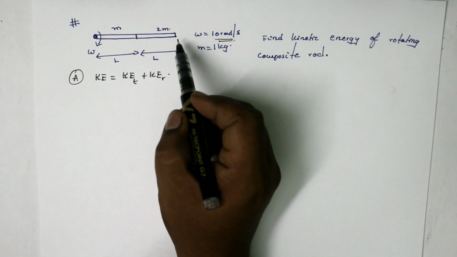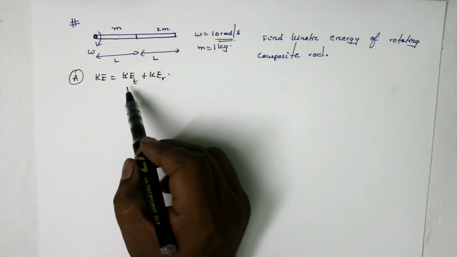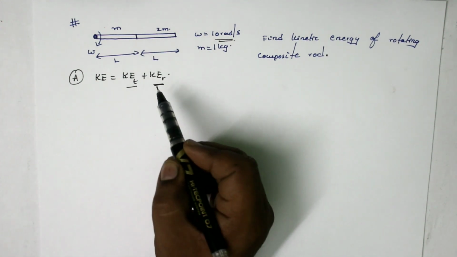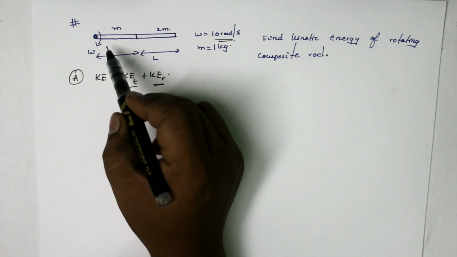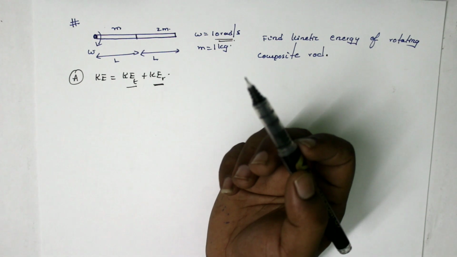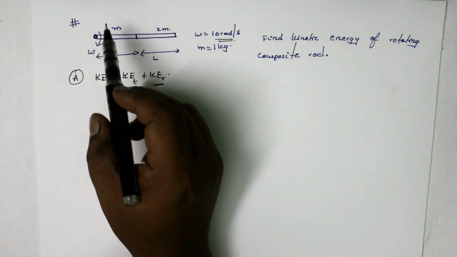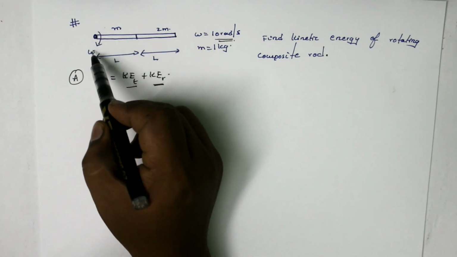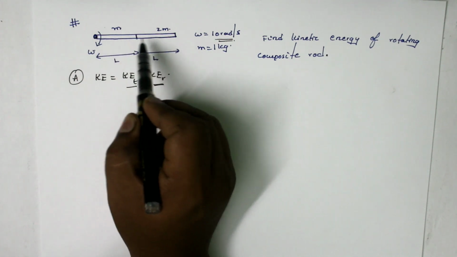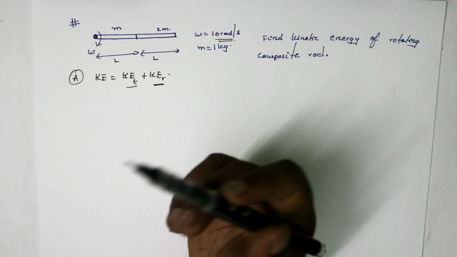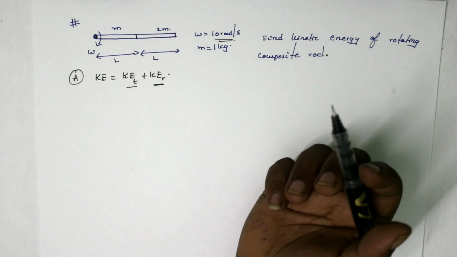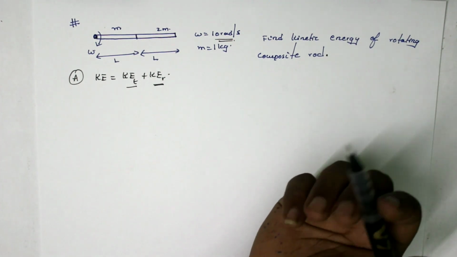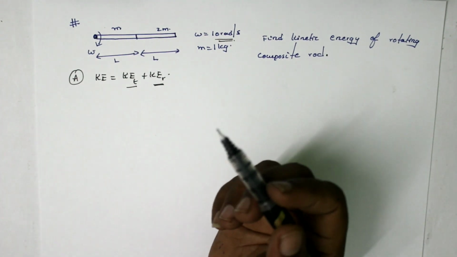So if I want to find the total kinetic energy, the sum of translational as well as rotational, then I will take the axis as the original axis of rotation instead of taking the axis around the center of mass. If I take the axis here, which is the actual axis of rotation for these two rods, then I will directly get the total kinetic energy of this composite rod.